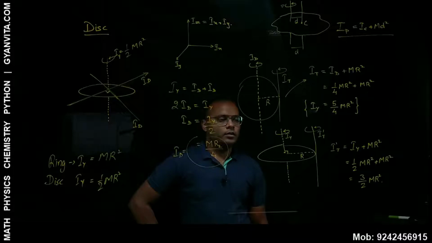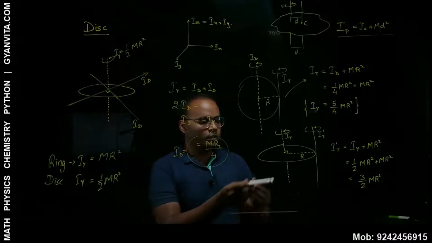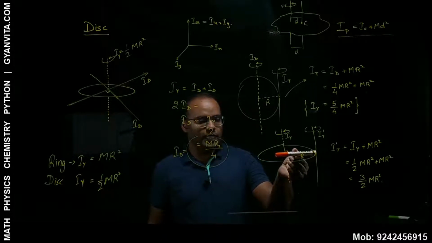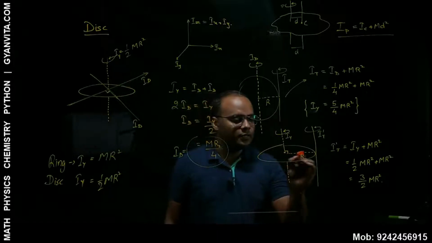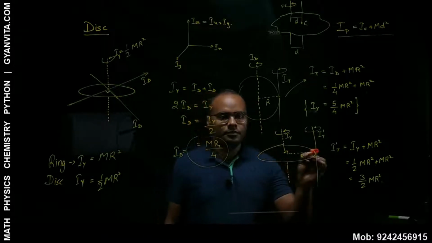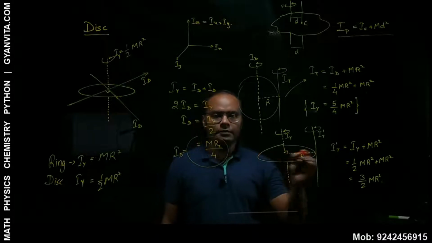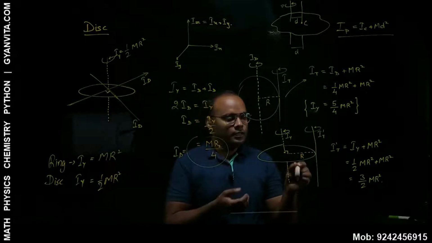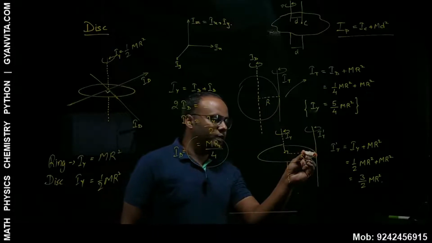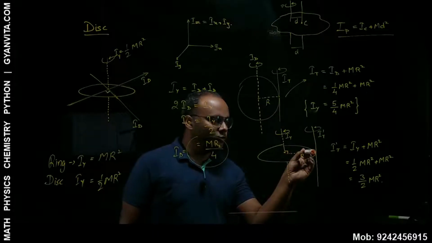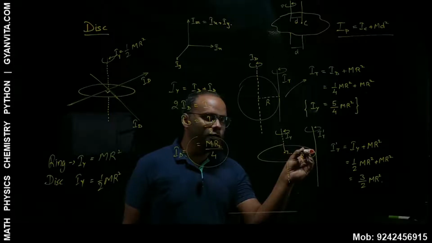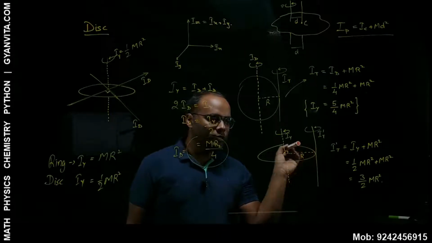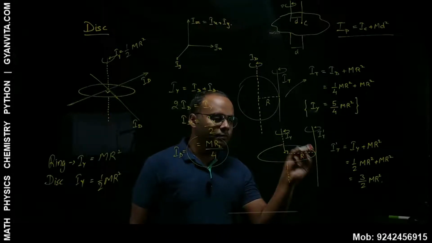How to do that? Suppose this line you consider is nothing but the diameter. If I consider an axis here, that axis, or that tangent, will be parallel to the plane of the disk.